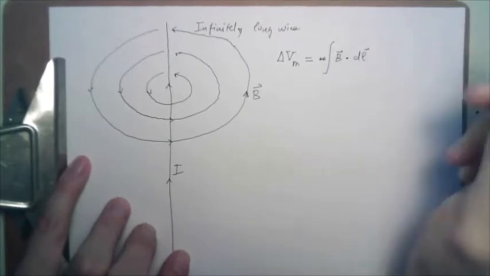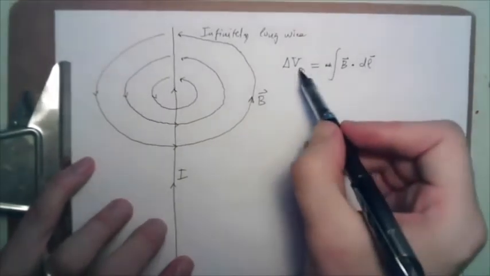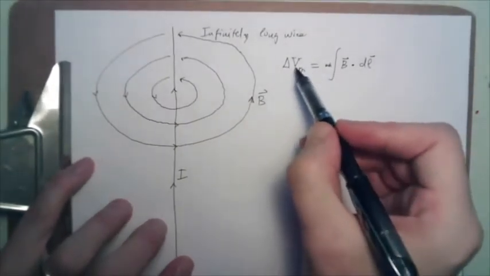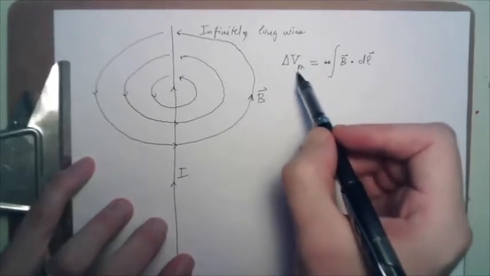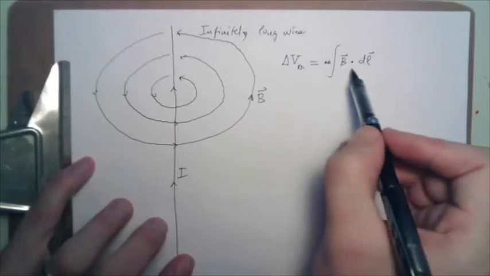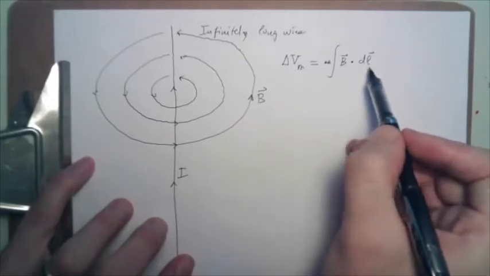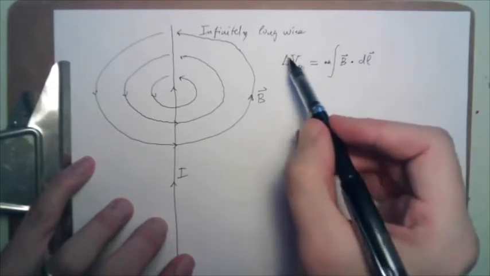We're not actually going to use this as a potential anywhere in this class other than for this particular part, because I want you to see that this is very similar to the electric potential difference, right? So an E dl and a B dl.